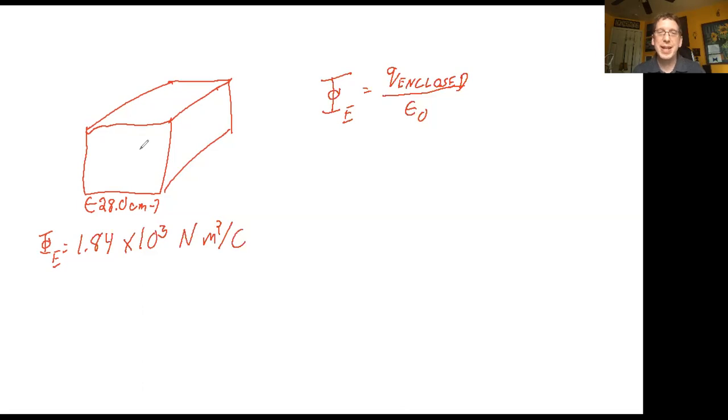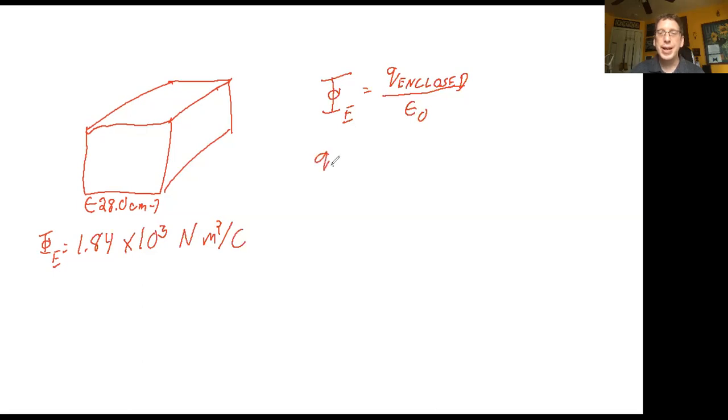But that's the important thing. Positive enclosed charge means a positive electric flux. A negative net charge means a negative net electric flux. But anyway, we can solve for this very easily.